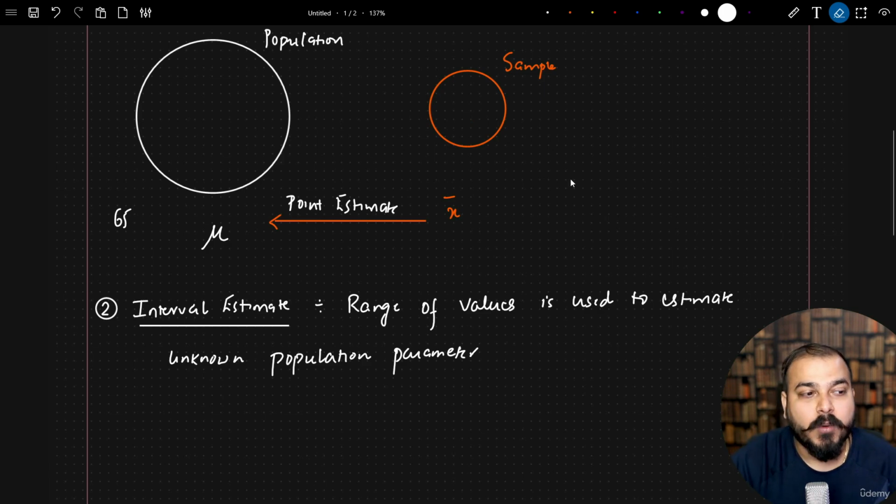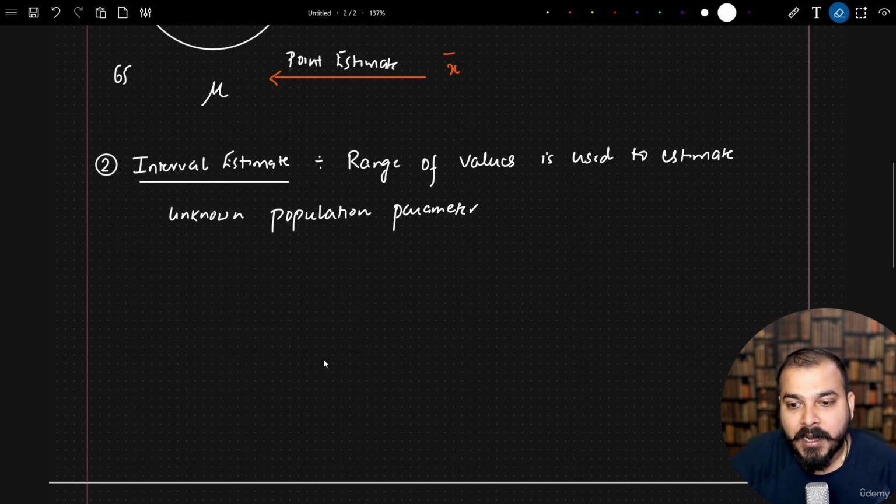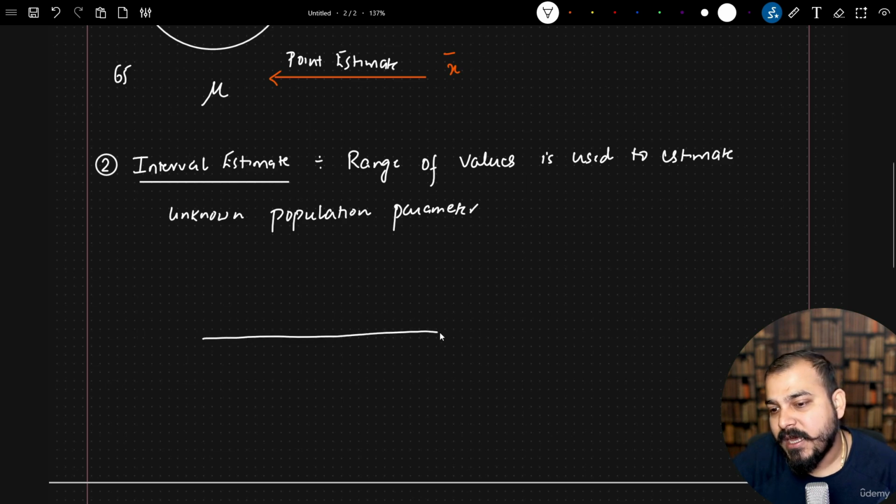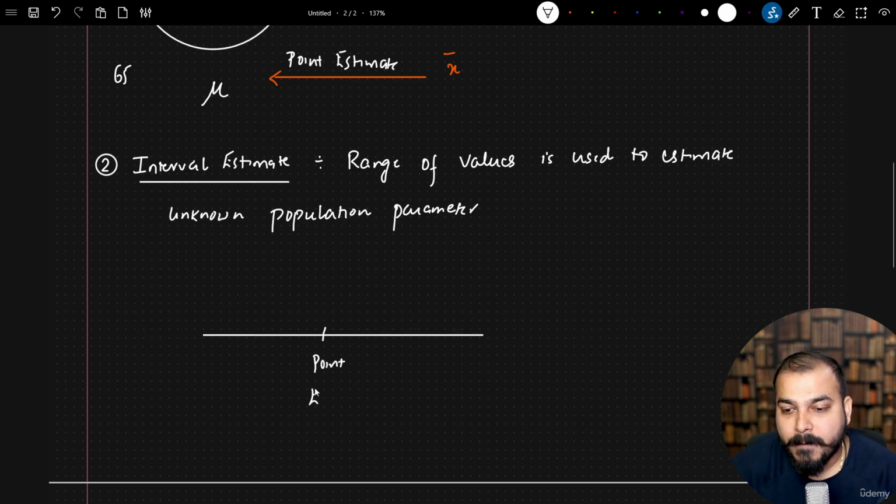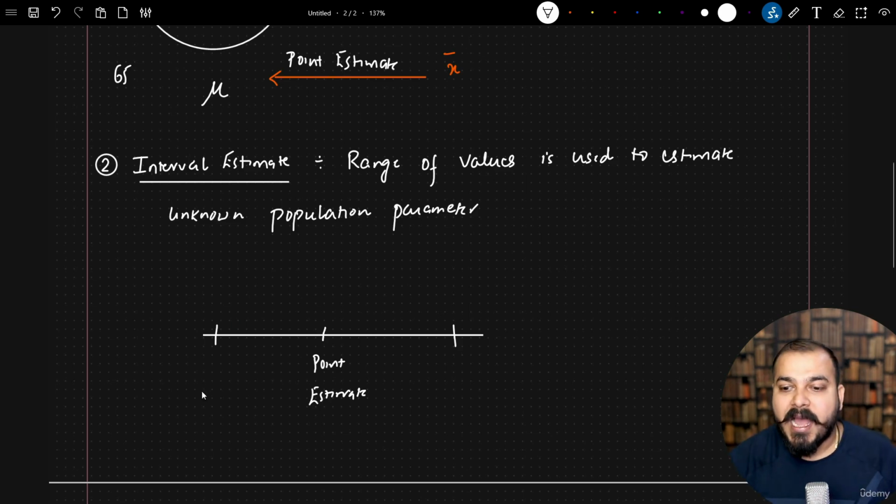Now in this case, it will be shown in this specific way. We can use a point estimate, but along with the point estimate we define one range, which is plus or minus a margin of error with respect to this particular point estimate.